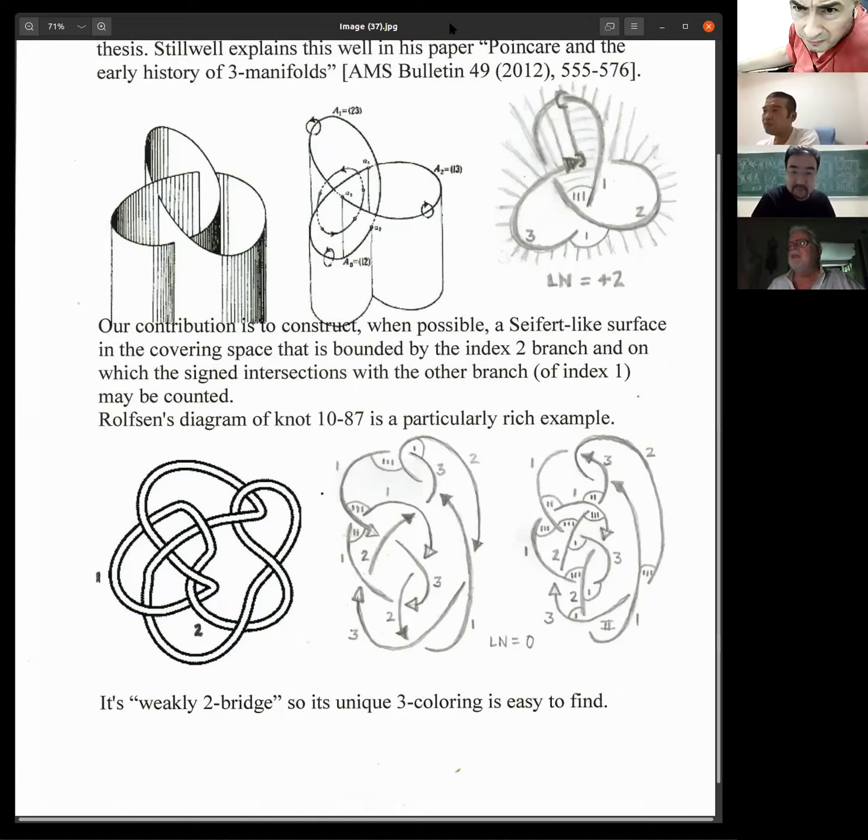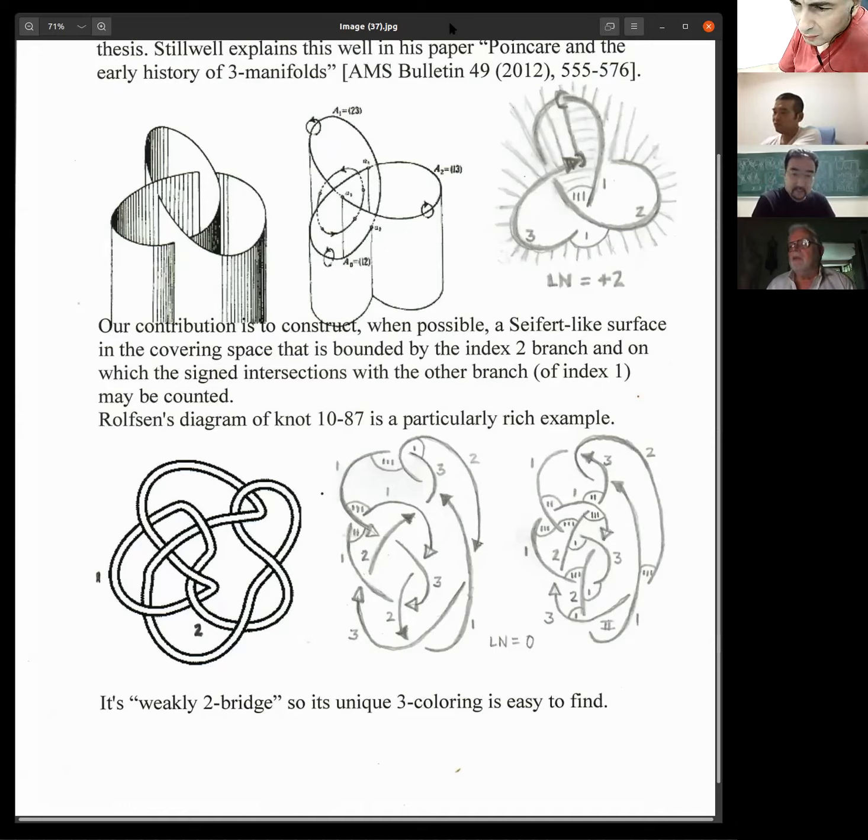So if you slip a little twisted rectangle in copy 1, lift it to copy 1, its boundary will be a portion of the branch of index 2 above both of those upper right-hand segments. And what this drawing then proceeds to do is to construct a Seifert-like surface in the covering space, the boundary of which is the entire branch curve of index 2.